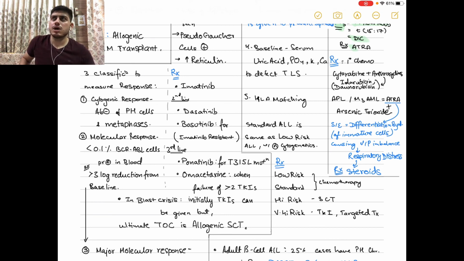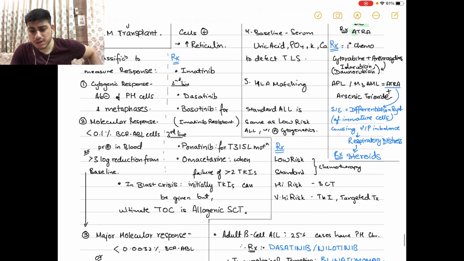There is a 10% mortality rate from ARDS in these AML patients. So for the treatment, steroids are given with ATRA.